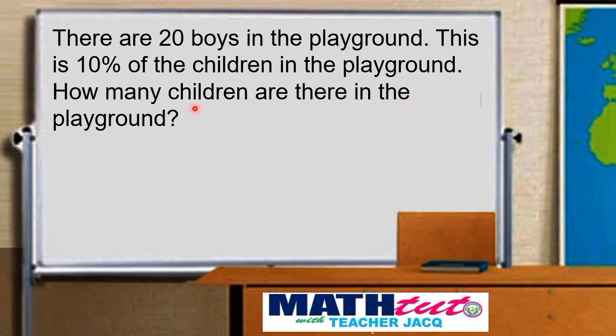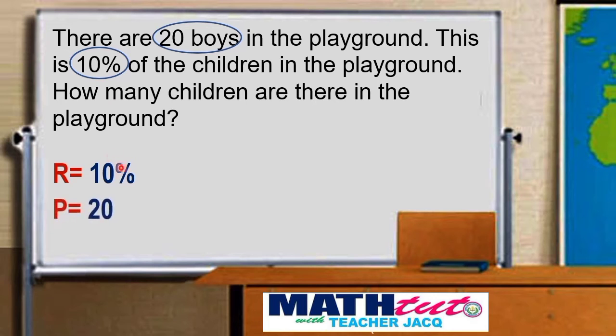So, identify natin ang ating given. Ang ating given ay 20 boys in the playground and then yung 10%. So, ibig sabihin, ang ating given, meron tayong rate, which is 10%. Kasi, sabi ko, yung may sign ng percent, yun lagi yung rate.